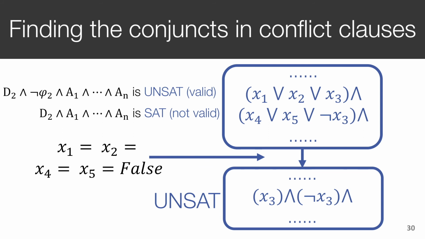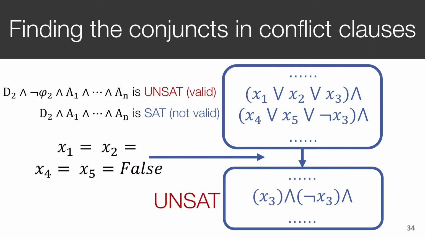And now let's bring back our goal. We want to find the conjuncts to make the expression unsat. If the Boolean formula represents D and not phi, and phi is the variable x2 here, the sequence of conjuncts we would like to find here is x1, x4, and x5 to be false.